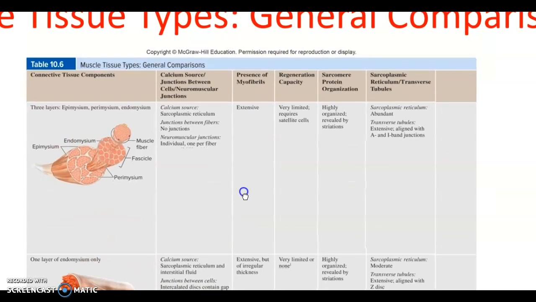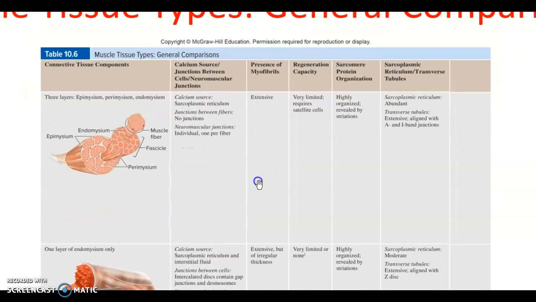This we don't have to know in as much detail because these are the tissue types, and we've already done tissue, so we don't want to revisit them all over again. But now there's the endomysium, the epimysium, right? It's the outer layer. The muscle fiber, the fascicle, so the groups of muscle fibers, and the perimysium. The epimysium is the outside layer.